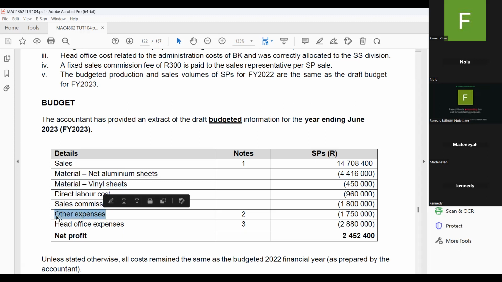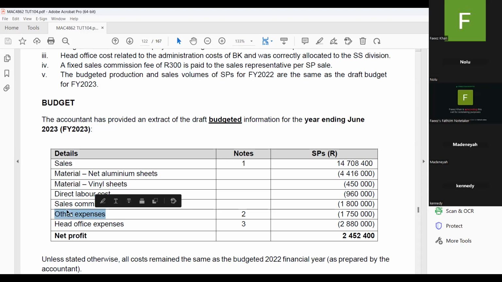Similarly, the nuts and bolts in this other expenses is used to put the sheets together. Without that, we can't have a completed product. So that is a production cost. So that also needed to be included, and the accountant omitted that. Similarly, included in this amount is fixed manufacturing overheads, which the accountant also omitted, which we needed to include. Okay, so just take note of that.